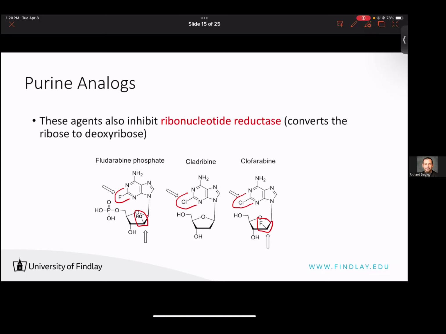Right. What is ribonucleotide reductase? Are you familiar with that enzyme and its function? Ribonucleotide reductase, very briefly, is the enzyme that's responsible for taking ribose.